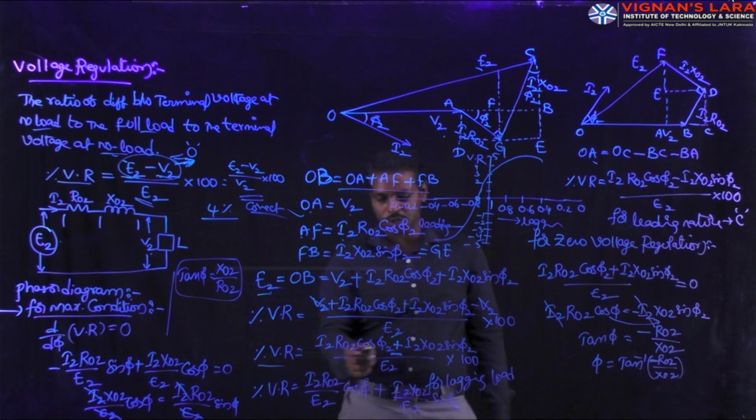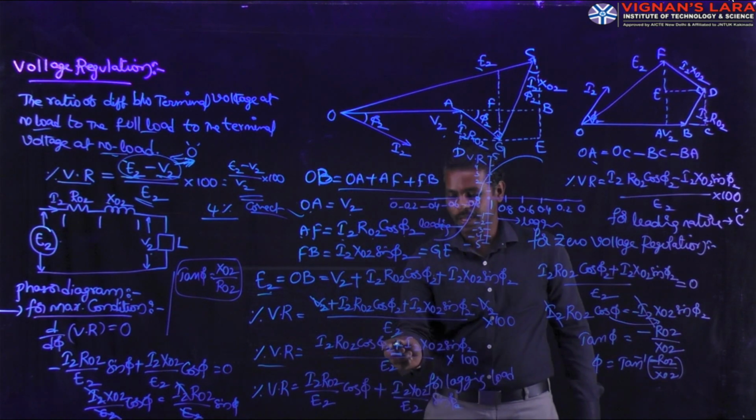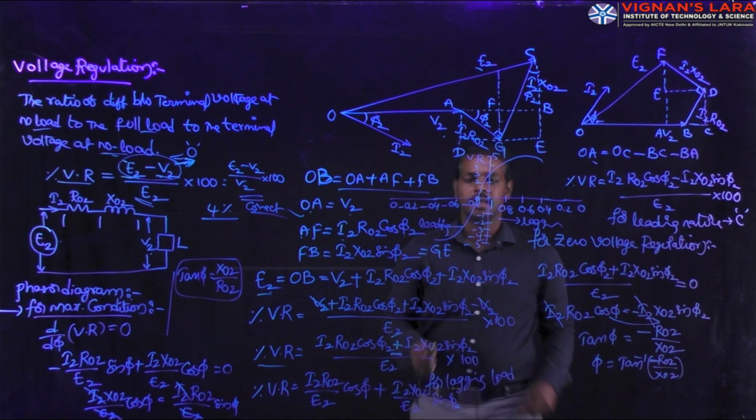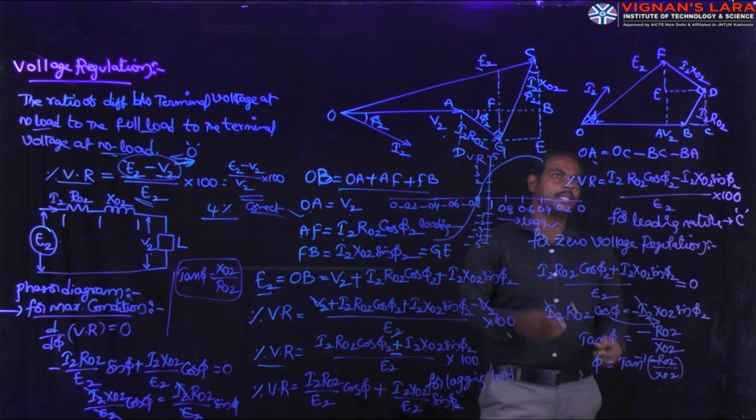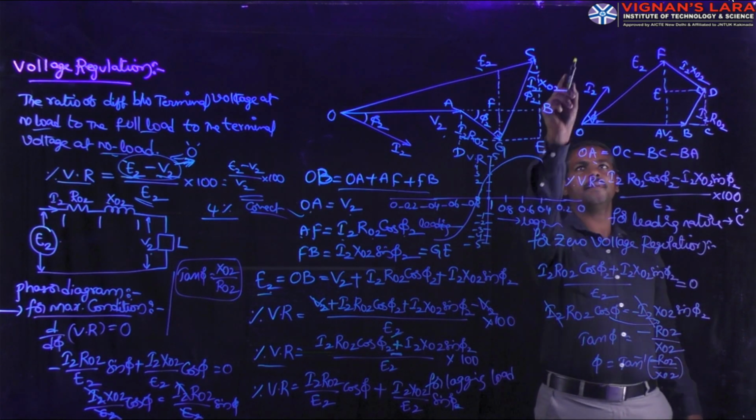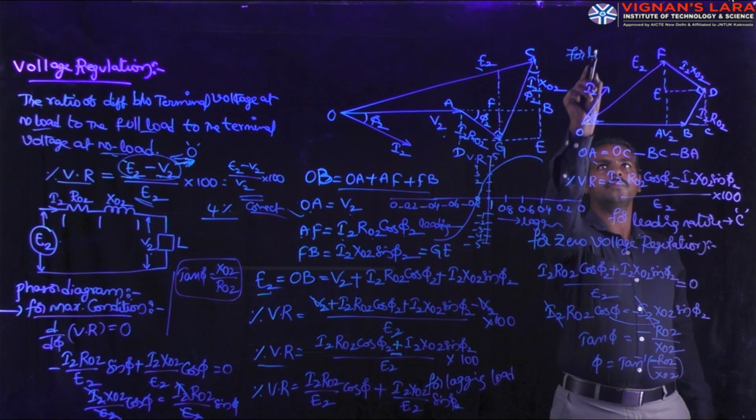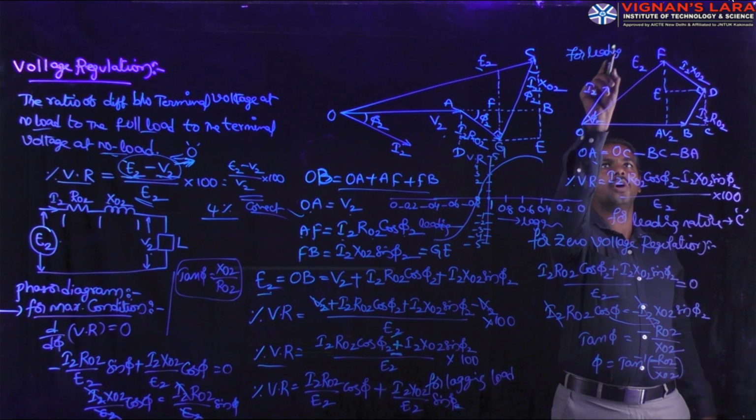Percentage VR is equal to plus sign. The plus sign always indicates lagging power factors. In a similar fashion, we can find it for leading or capacitive loads.